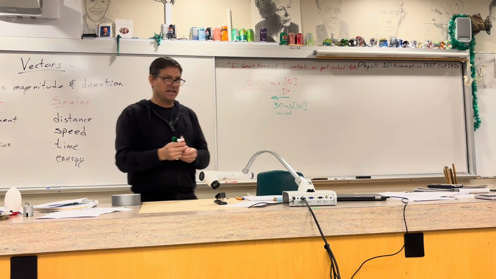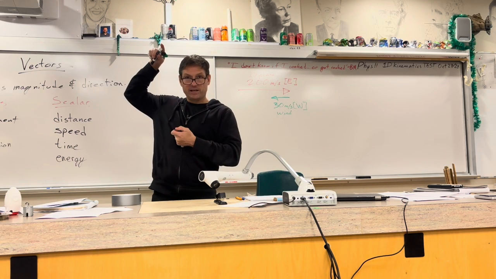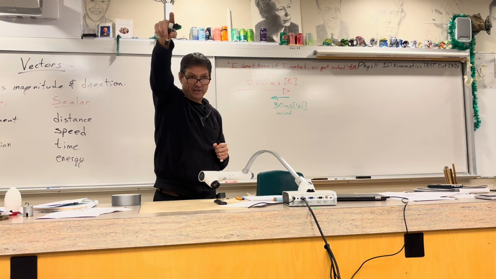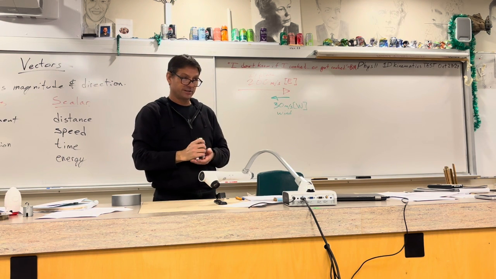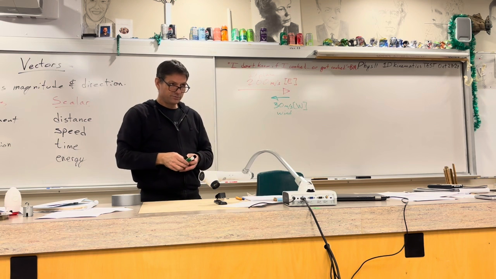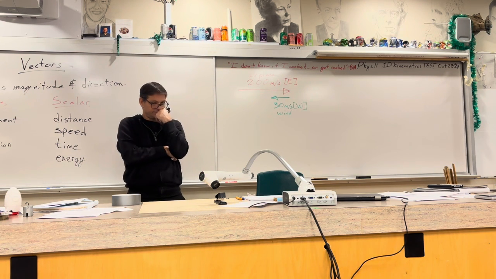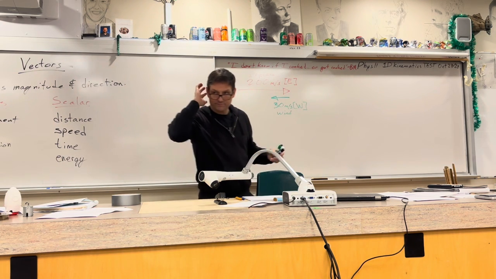In other words, if you're standing on the ground looking up at the airplane, it's flying with an airspeed of 200 meters per second that way, but the wind is coming back towards you at 30 meters per second. What would you see happening? Any ideas? What do you think intuitively? Just take a guess. 170 meters per second.